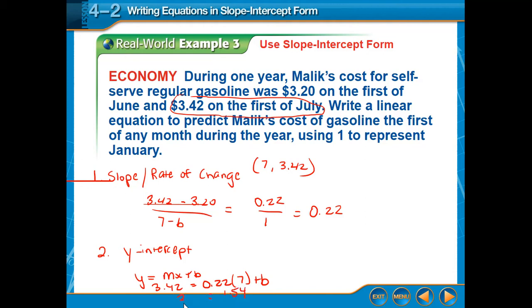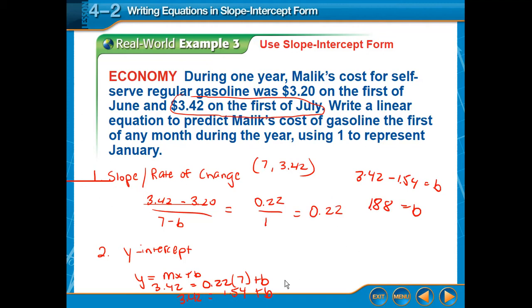154 equals 342 plus b. So then I'm going to subtract 154 from both sides to get b. And when I do that, I get 188. So our equation, that was step 1 and 2.